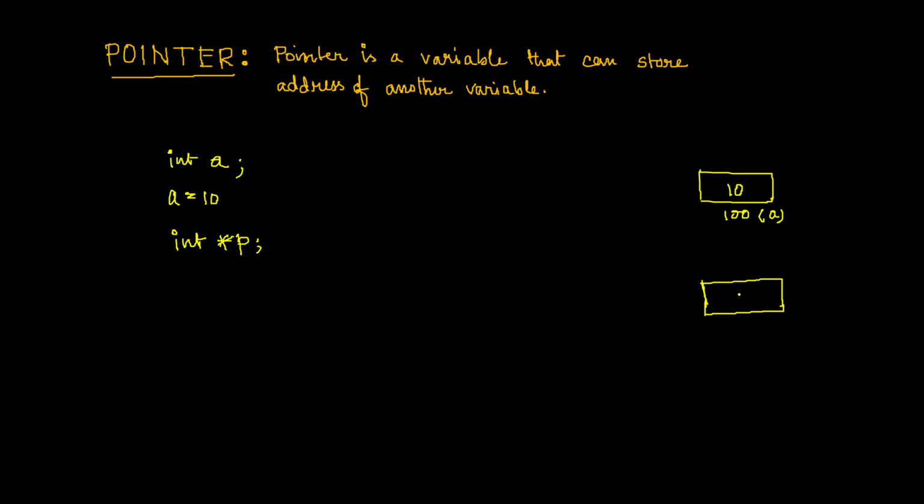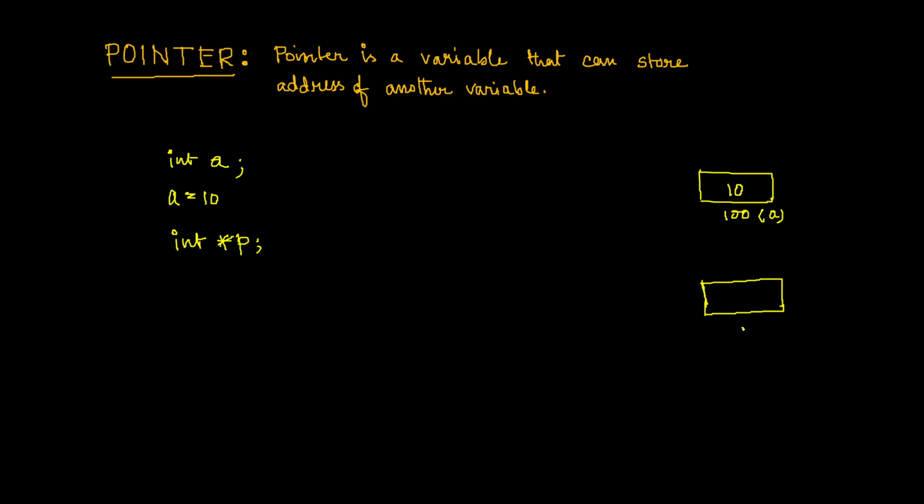So this star in the pointer is just giving an extra power. The variable name is p. This star is giving an extra power to this variable so that I can solve my problem. How it does that, we can see very soon.